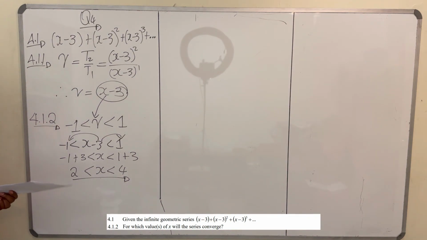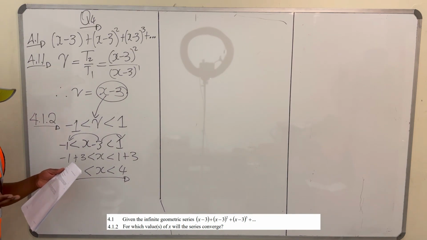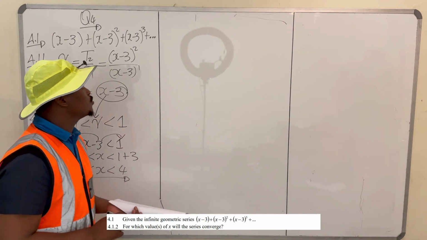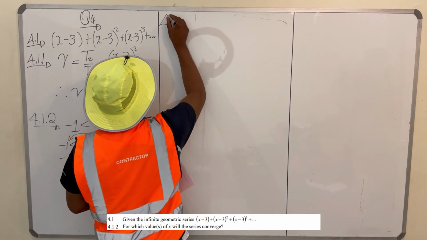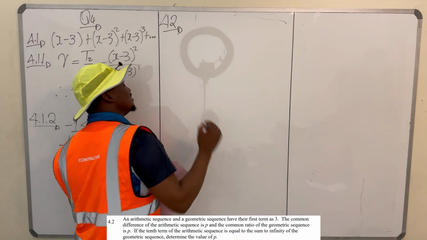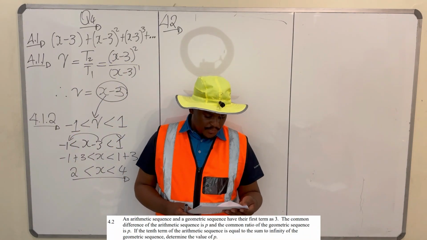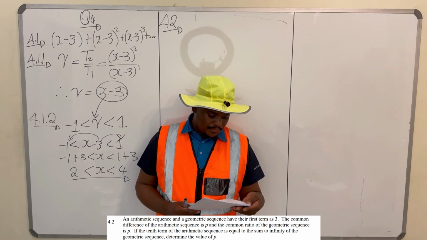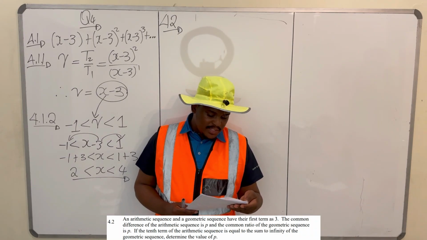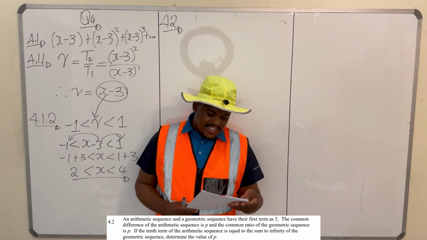No problem. So now we're going to 4.2. This is the question that we were asked to do. It's the second question that we were asked to do. So let's do 4.2 and hear what they are saying. This one is interesting. So let's go. They are saying 4.2. An arithmetic sequence and geometric sequence have their first term as what?